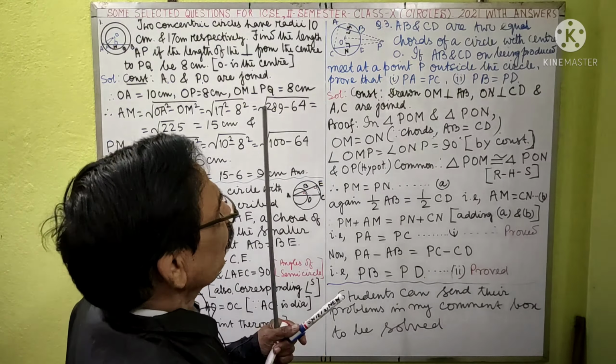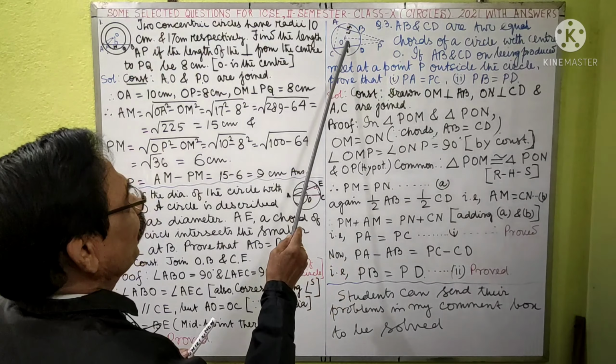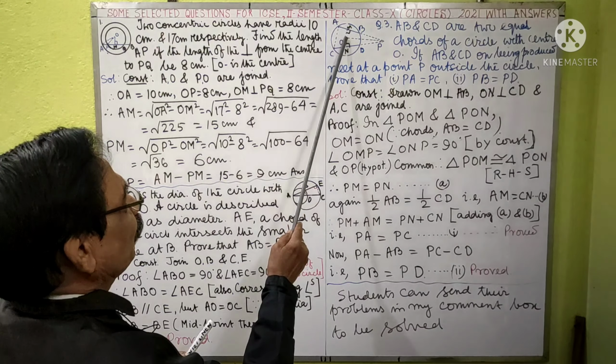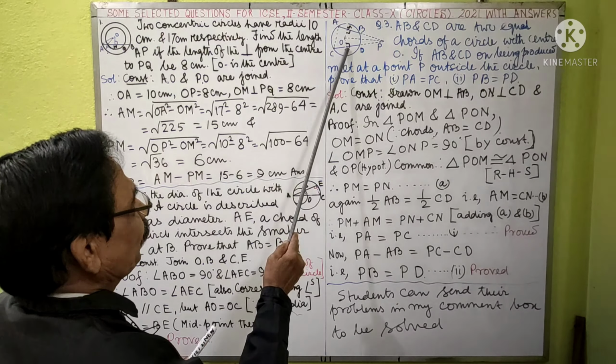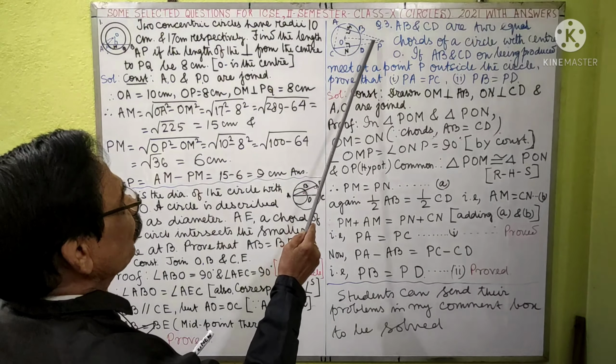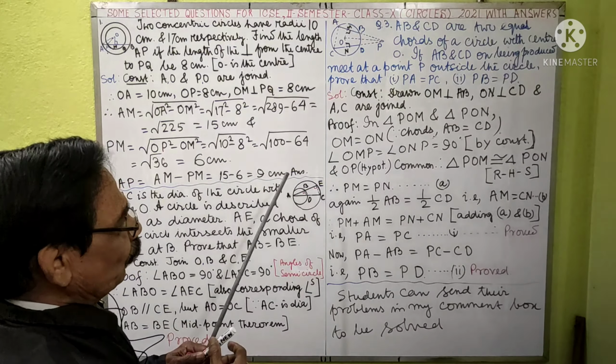Very easy. At first we have to construct. We have drawn OM perpendicular to AB, and ON perpendicular to CD. These two are perpendicular. And AC is joined. OP is also joined.